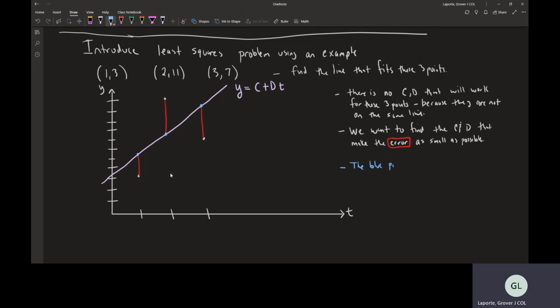So the blue points are the points that lie on the line for some C and D values. If we change C and D, the blues would be somewhere else.